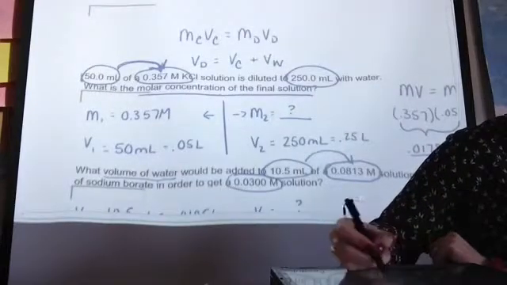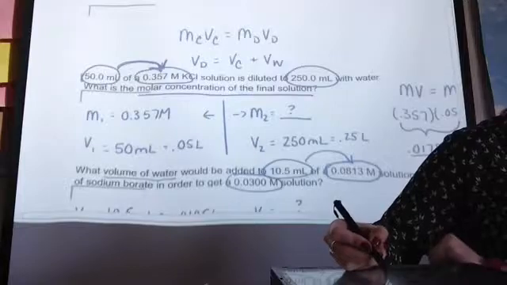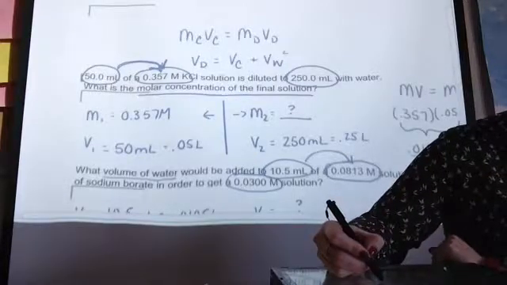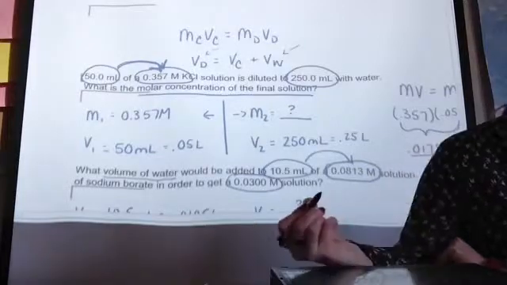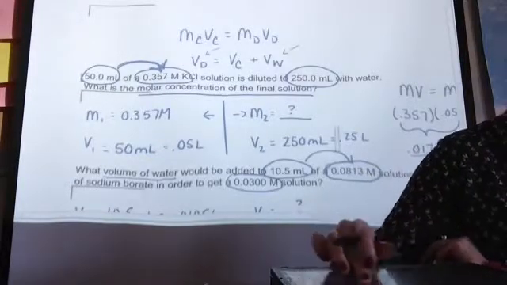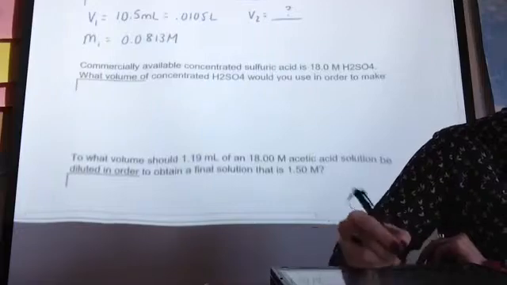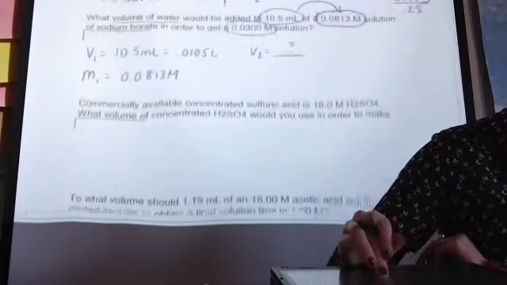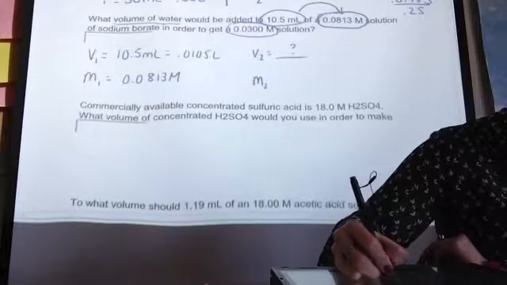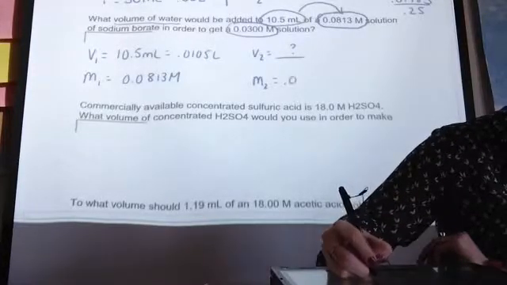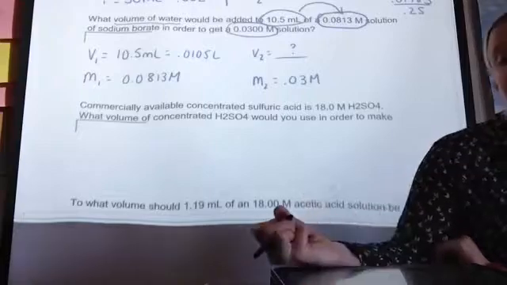I need two volumes to find the volume of water. I can't just find the volume of water, so I have to find this second volume first. So my final molarity is 0.03 molar.